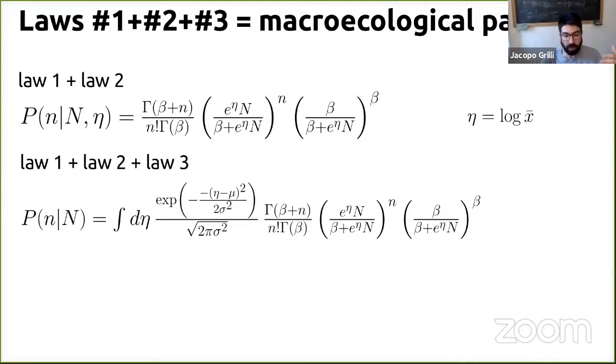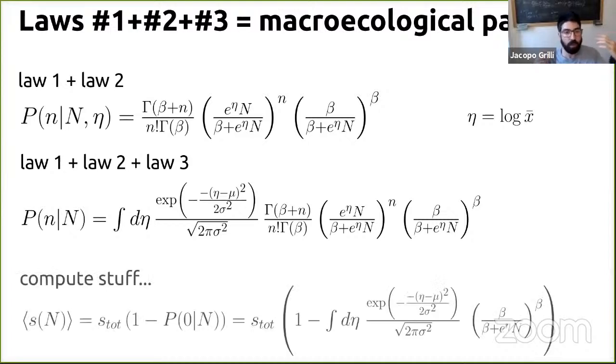And with this null model, you can compute quantities. So for instance, you can compute what is the expected number of different species that I observe in a sample with a given total number of reads, capital N. Now, this prediction is a prediction in the sense that all the parameters that enter in this calculation are set for each biome once you have observed the three macroecological laws, right?